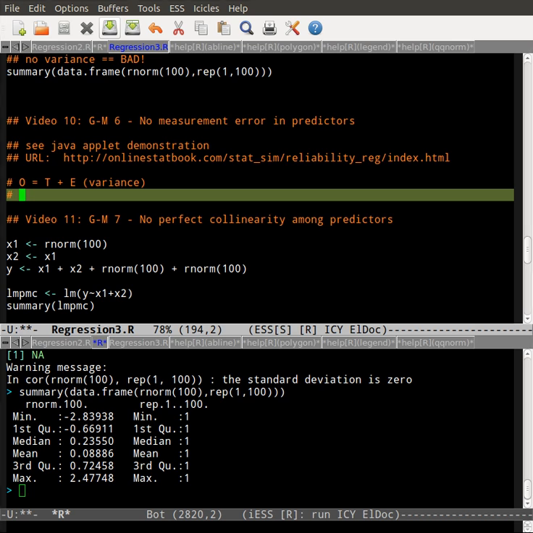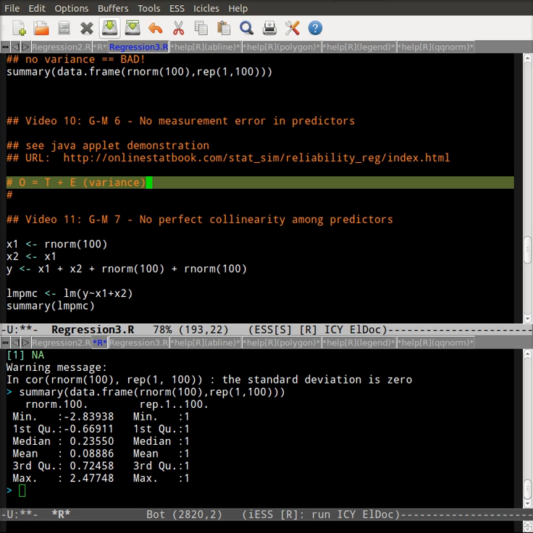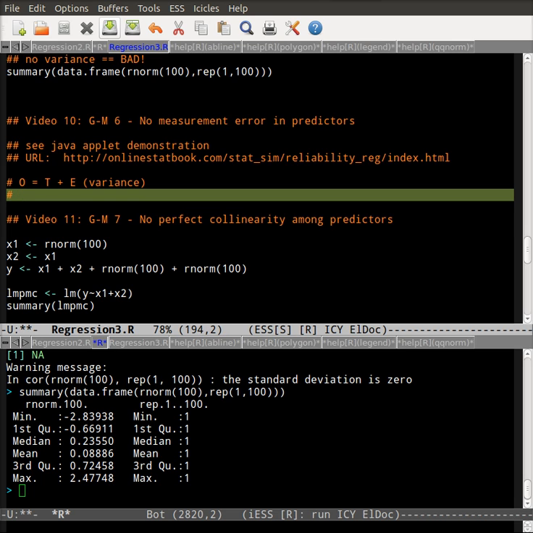So the observed score always has more variance than the true score, because the observed score is a function of the true score variance plus error variance, and they're additive. And so as we add more variance to our true score, the reliability goes down.